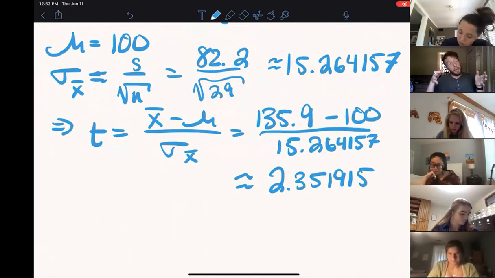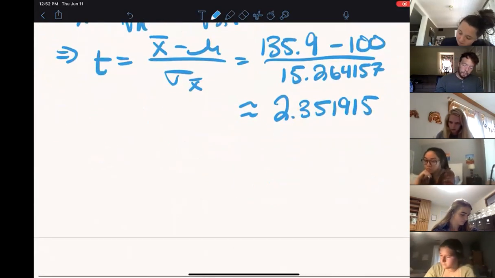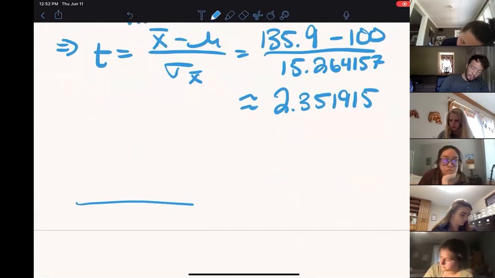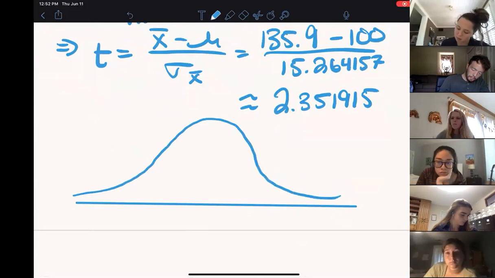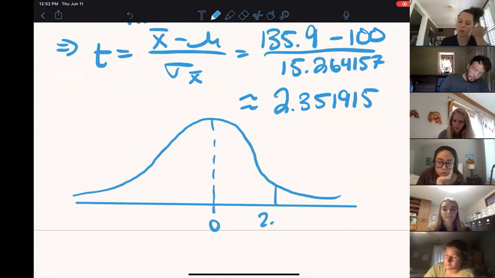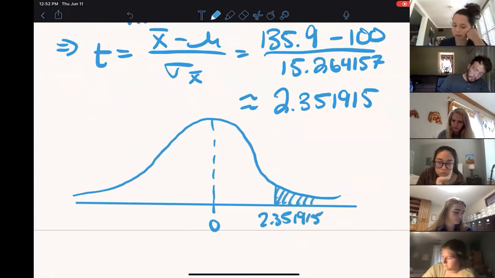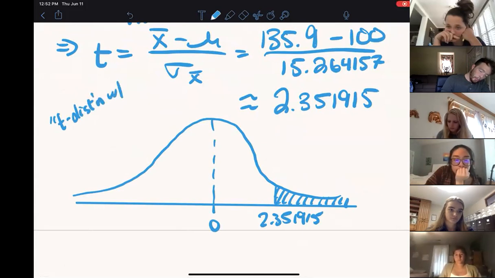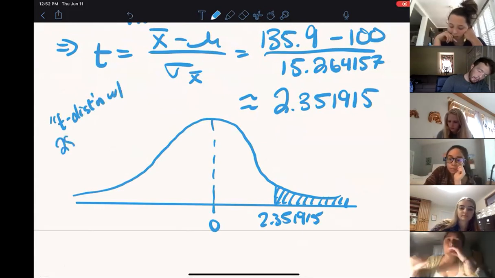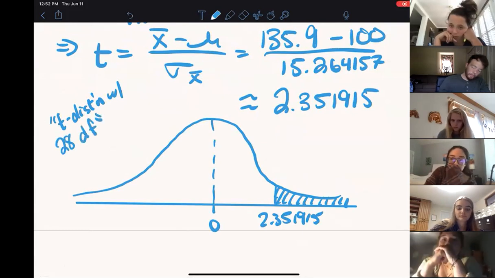How do we get the probability under the t curve? So we want, again, where this is a t-distribution with, what is it, 29 minus 1, so it's 28 degrees of freedom, right?